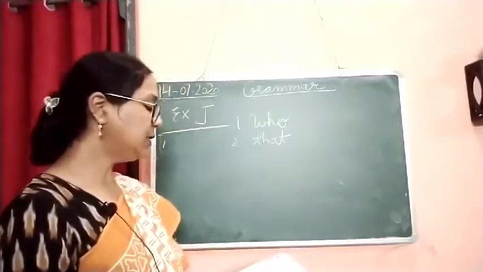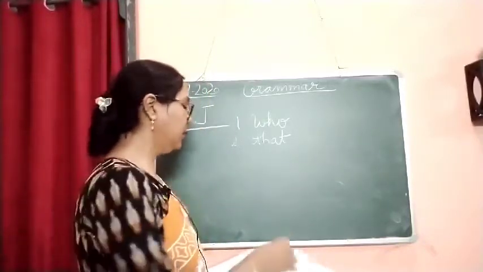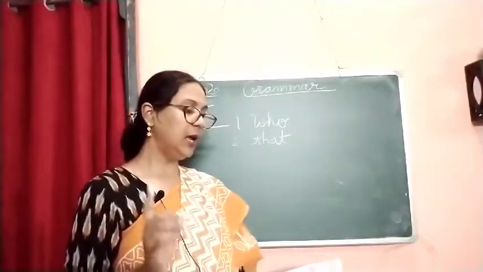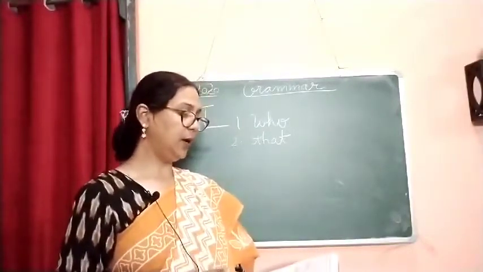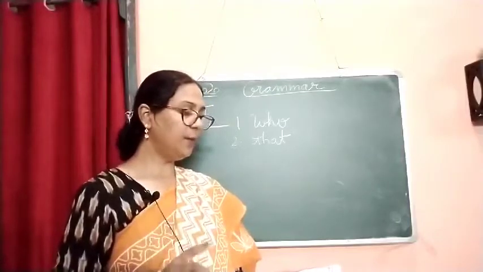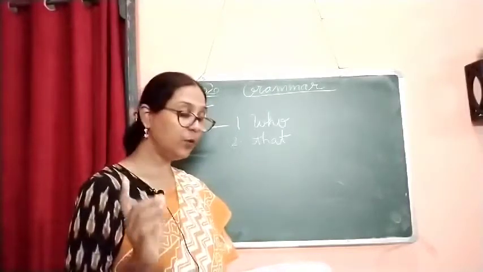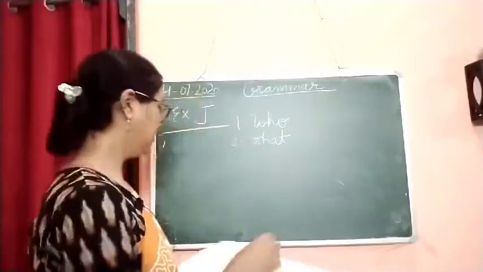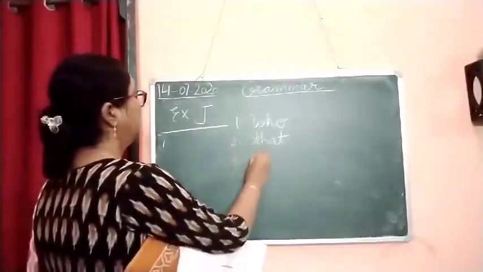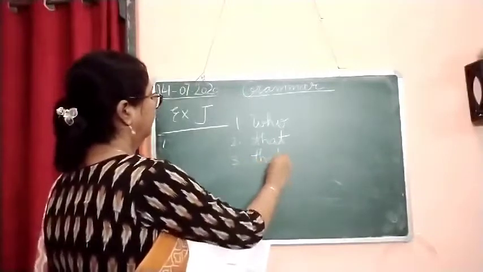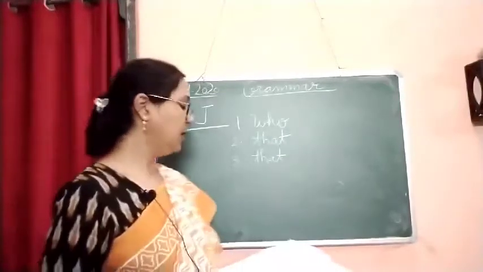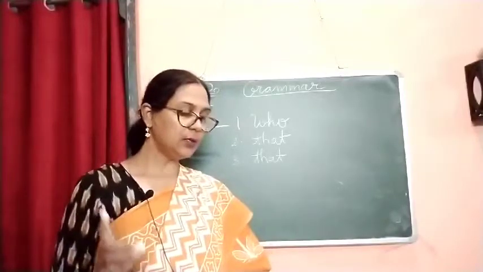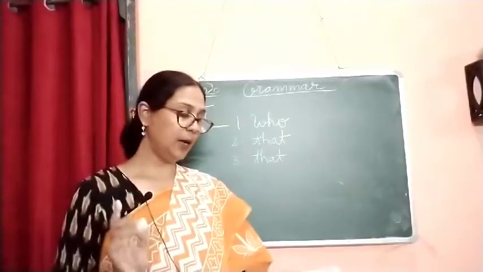Now third is the shop. The shop had shut down last year and is reopening on Monday. The shop, here what are we going to use? We are going to use that. The shop that had shut down last year is reopening on Monday.